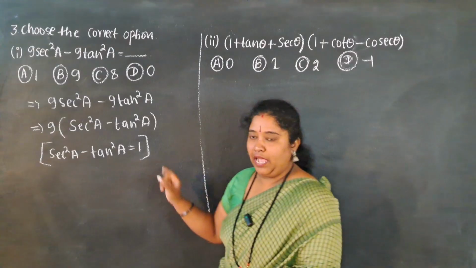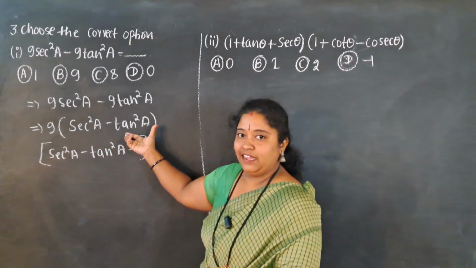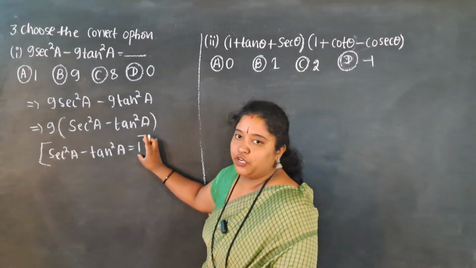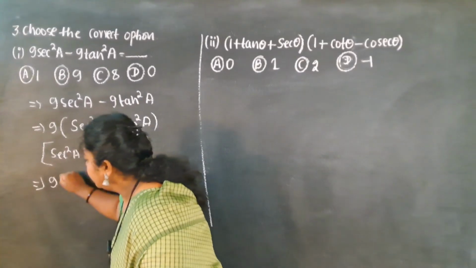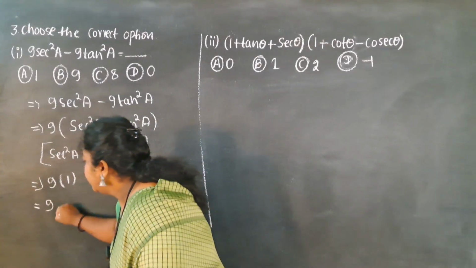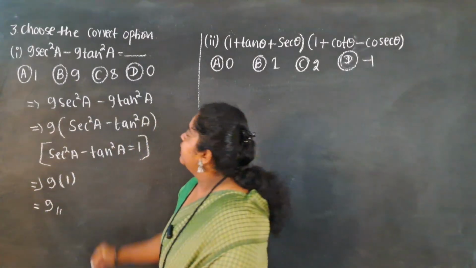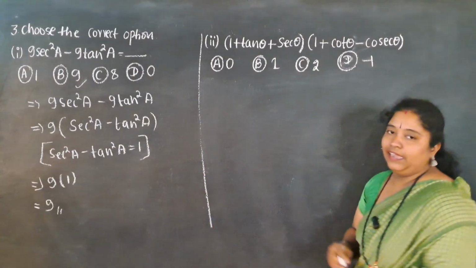So this is what we have. Now, instead of secant square A minus tan square A, I am going to substitute the value 1. So what will I be having here? 9 into 1. So 9 into 1 will give me how much, dear? 9. So what is the answer at the end I got? B, 9.